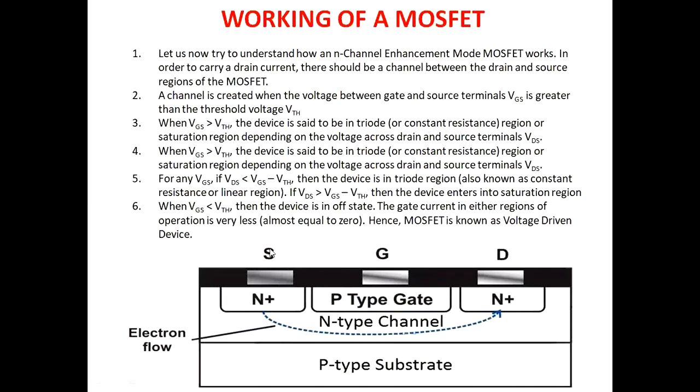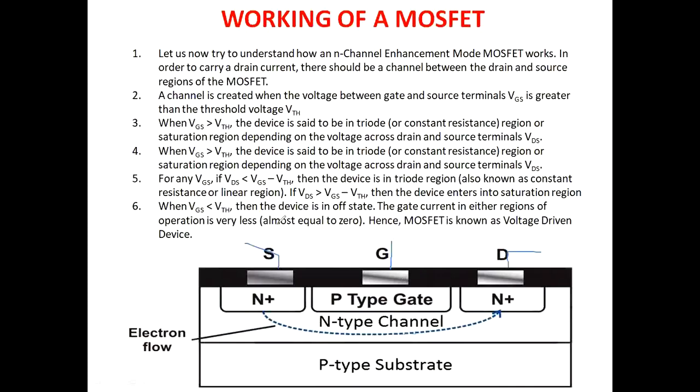As I have already explained, I will use a diagram here. I will draw the structure and try to explain with this diagram. Here this is the source terminal S, this is the drain terminal, and this is the gate terminal.